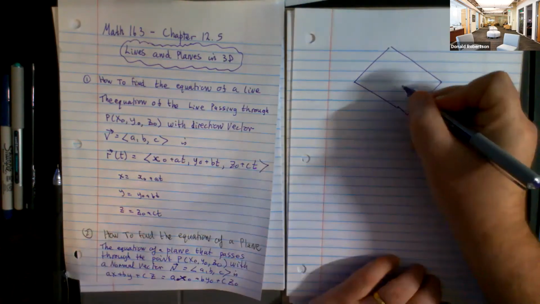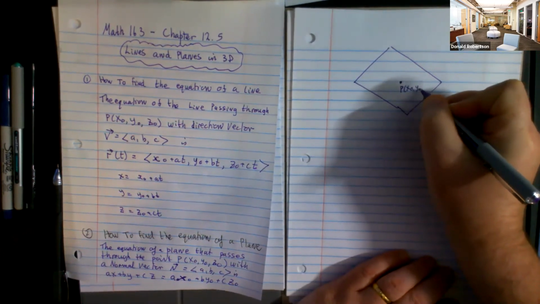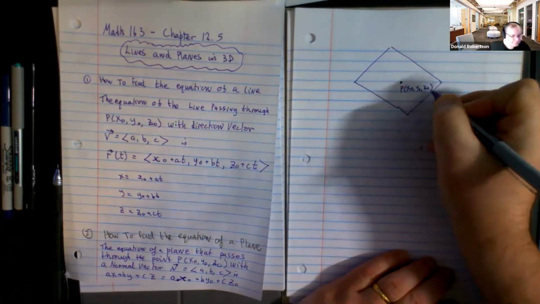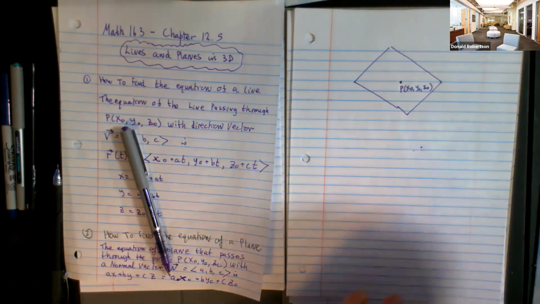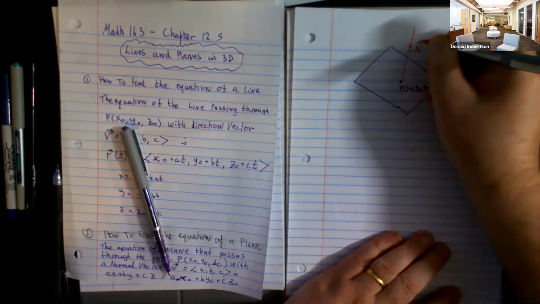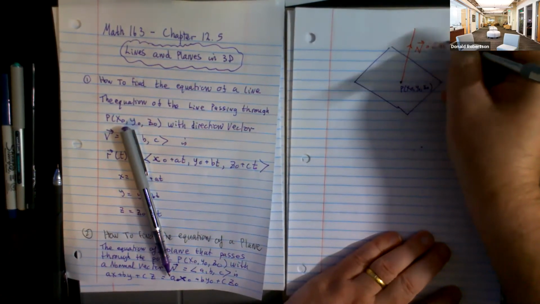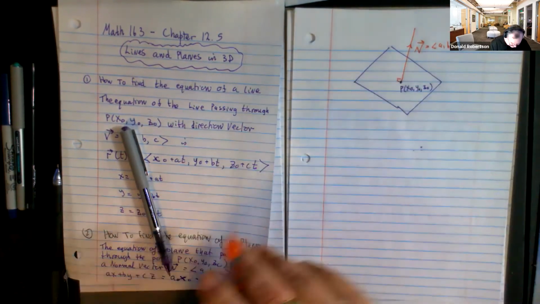Can you imagine that on this plane, there is a point called x naught, y naught, z naught? The normal vector is a vector that is perpendicular to the plane.